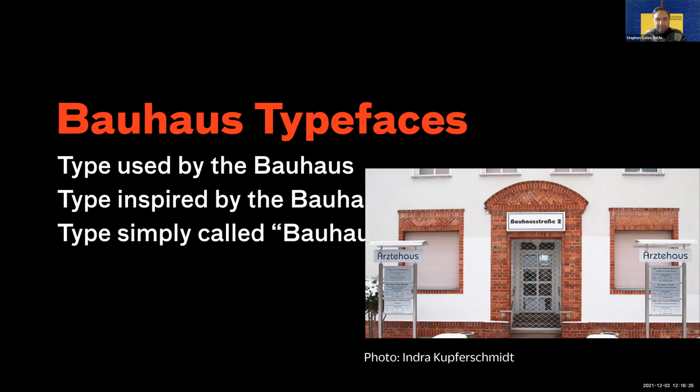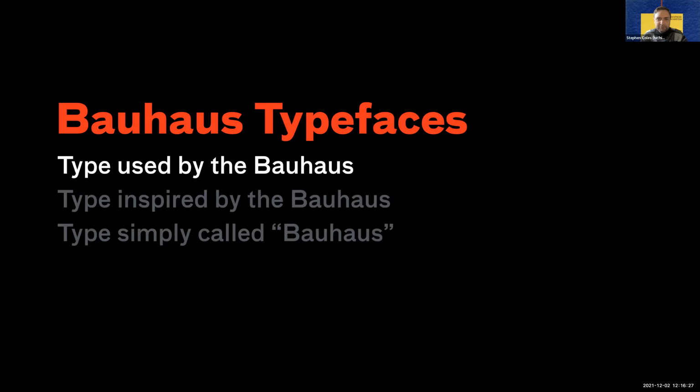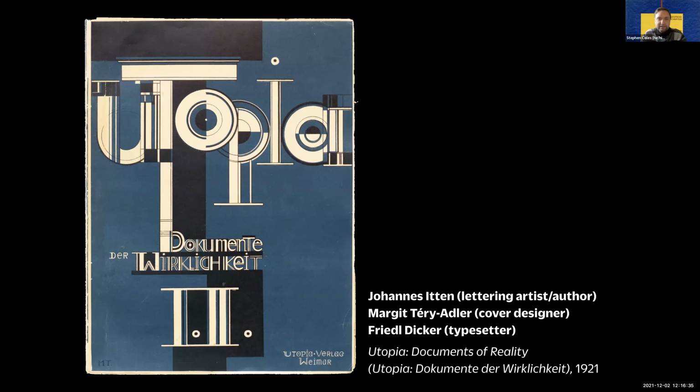So let's get into type that was actually used by students and masters at the Bauhaus. This first one is not a Bauhaus publication, but it's authored by Johannes Itten, who was an early teacher at the school.